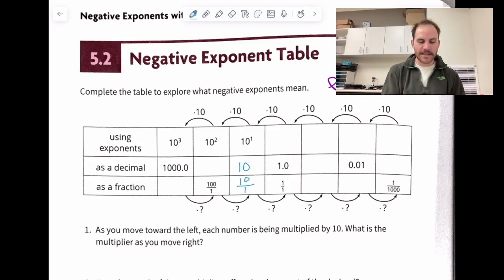Then we move on to 10 squared. Well, 10 squared is 100. You'll notice it has two zeros now. And as a fraction, that is 100 over 1. If we go here to 10 to the third, we notice there are three zeros before the decimal, and that is 1,000 over 1.